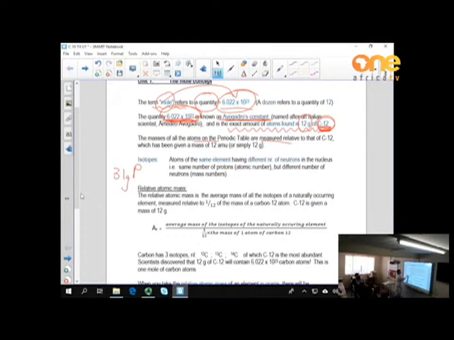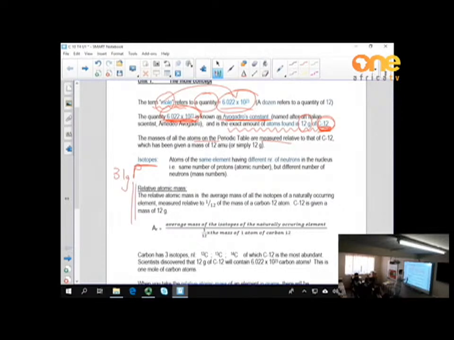If we carry on here, what are isotopes? Atoms of the same element having different numbers of neutrons in the nucleus. In terms of atomic numbers and mass numbers, they have the same atomic number, the same number of protons, but different mass numbers, different numbers of neutrons in the nucleus.